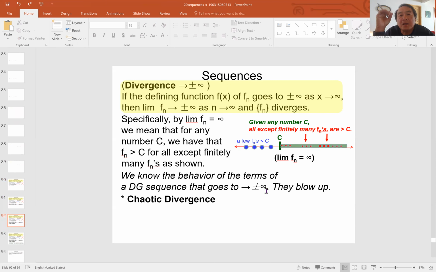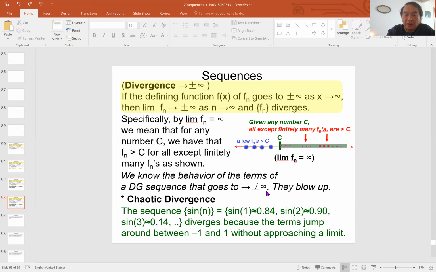Now there's another kind of divergence. Besides this divergence going to infinity, where everything becomes bigger and bigger and doesn't look back, a runaway sequence if you like, the other is chaotic sequences. Like what? Like sine of x. This one does not converge. There's no limit.